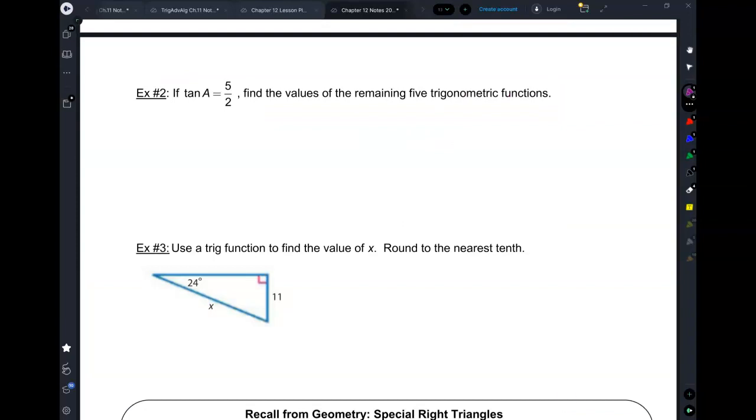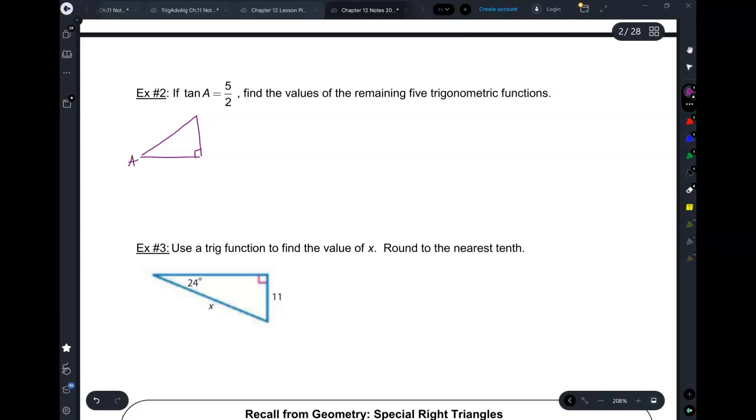Now sometimes you don't have a triangle given to you, but it's okay because we can draw our own. Tangent of A is 5 over 2. This tells me there is a triangle with an angle A. So draw yourself a right triangle. You can orient the right triangle however you want.